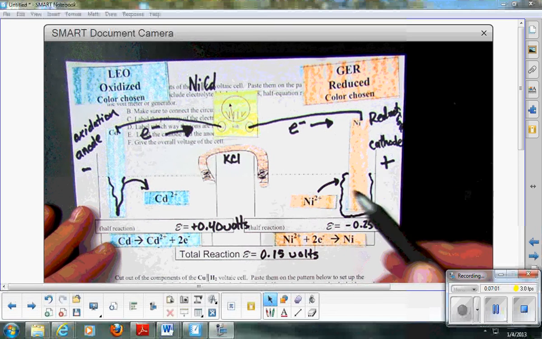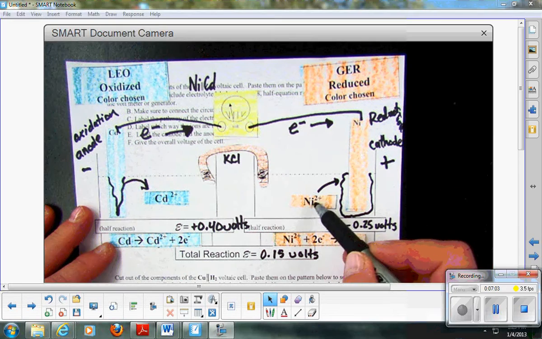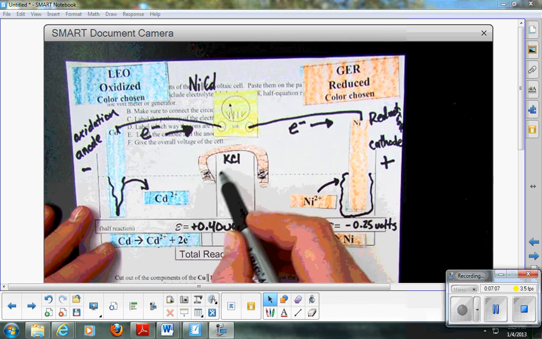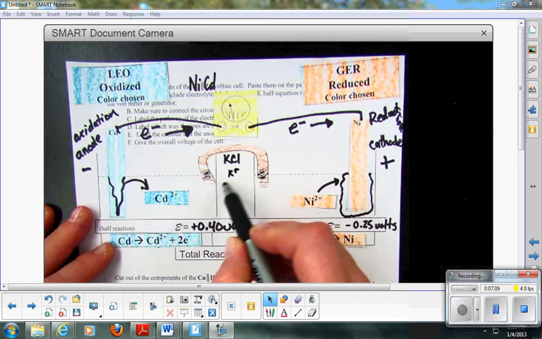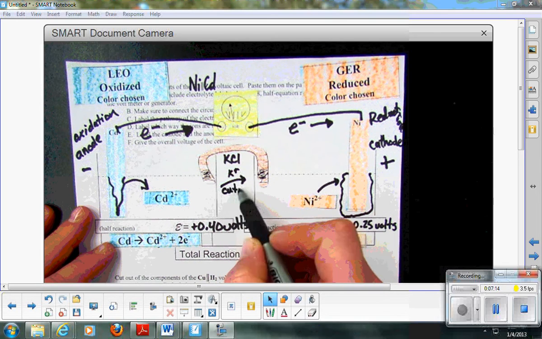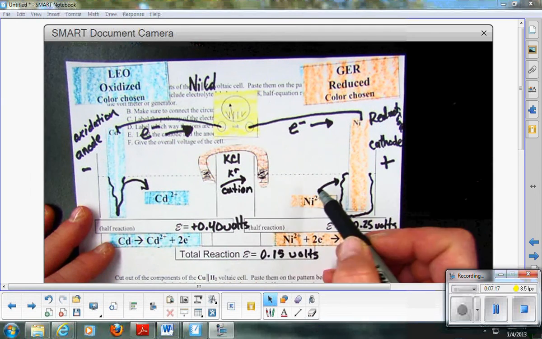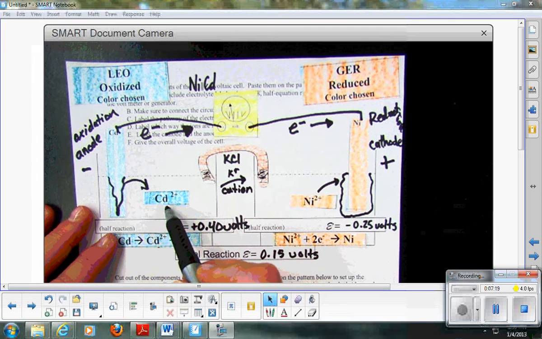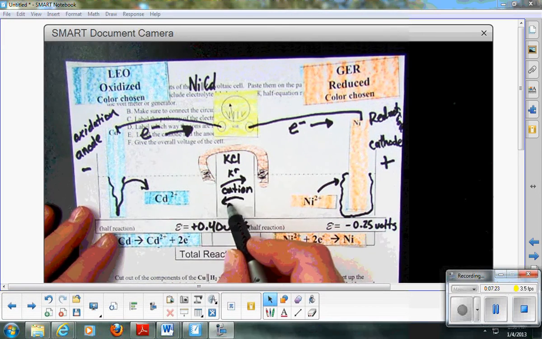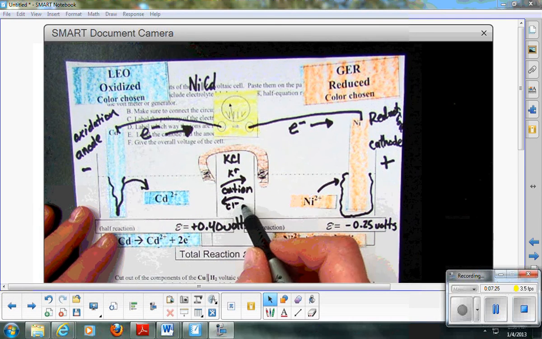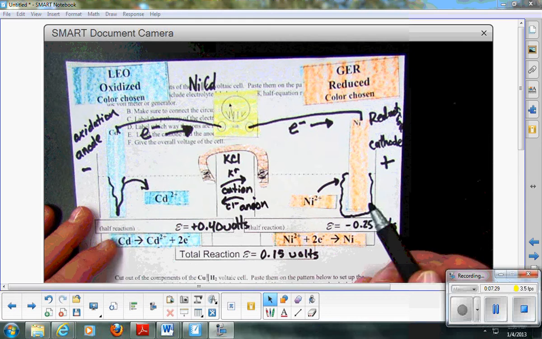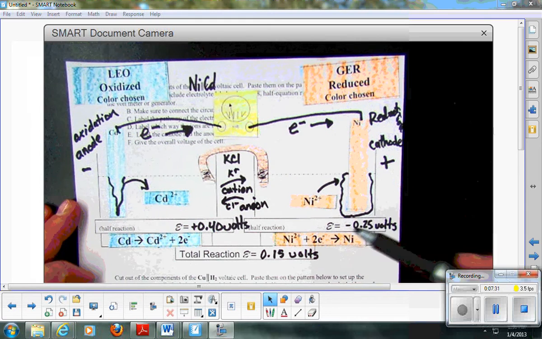Now, when this electrode grows, the nickel is coming out of solution, and so we need to replace it with the positive side of this, which happens to be K+. So K+ is going to move this way. This is called a cation. Now, over here, we're adding more positive in the solution, so to balance the charge, the Cl is going to move this way, and that's called an anion. Alright, this is what you need to set up for all of them.